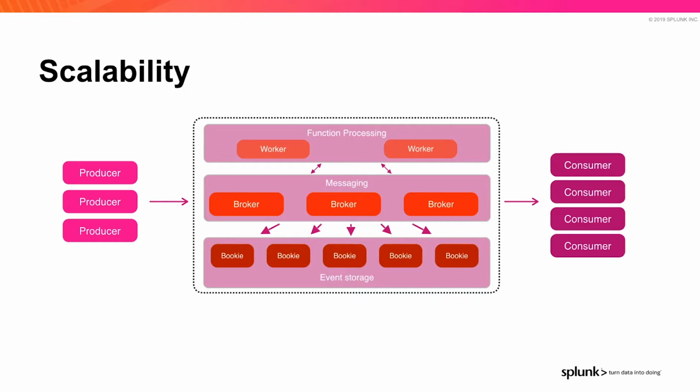Similarly, the storage layer provides persistence for the serving layer when the data is spilled over to disk. So that is the bookie layer, and that bookie layer will be able to store and retrieve data as and when needed, and that can be scaled up depending upon whether the disk is full, or scaled down depending upon storage needs.